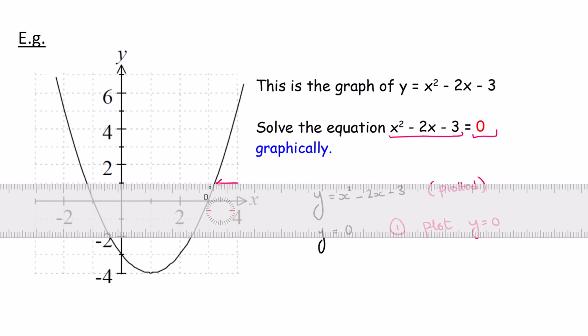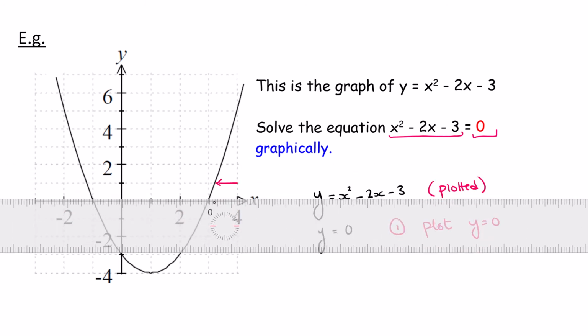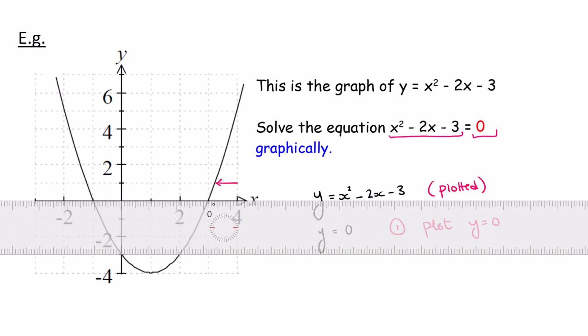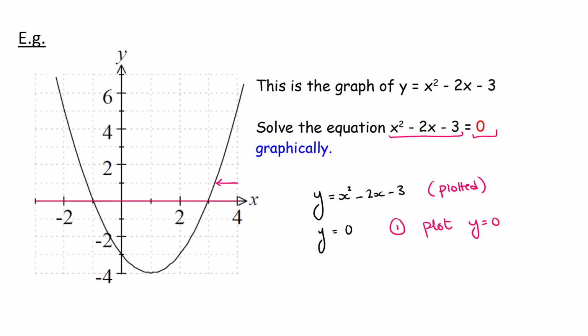This is y equals 1, y equals 2, this is y equals 0. It's actually where the quadratic graph cuts the x-axis. And these are nice values here. The quadratic graph cuts the x-axis, the line y equals 0, at x equals -1 and at x equals 3.